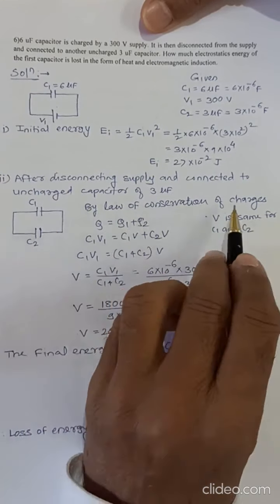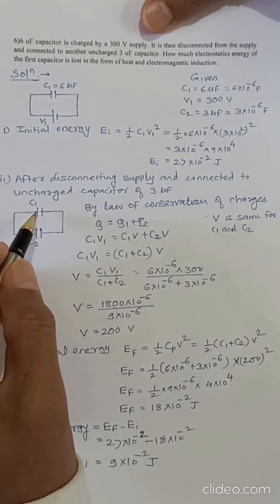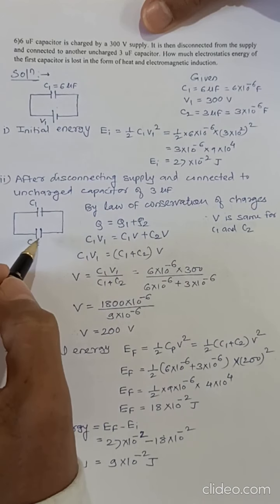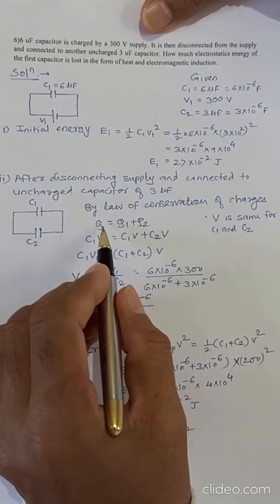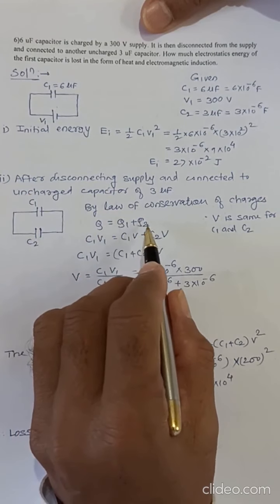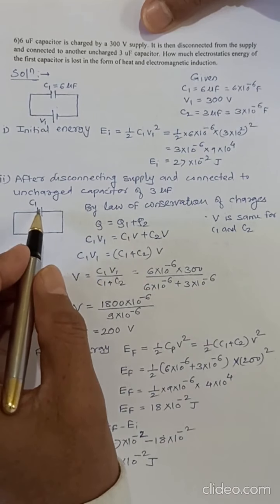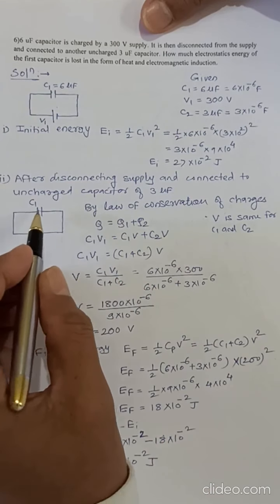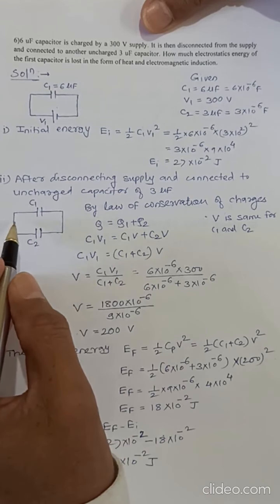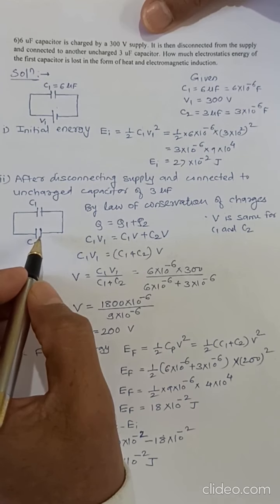Now by the law of conservation of charges, when two condensers are connected in parallel, charges on each condenser are different. So total charge Q is equal to Q1 plus Q2, where Q1 is the charge on capacitor C1 and Q2 is the charge on capacitor C2. But when condensers are connected in parallel, potential difference across each capacitor is the same.